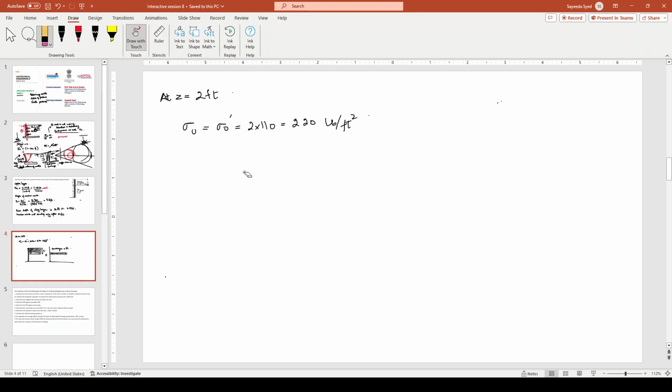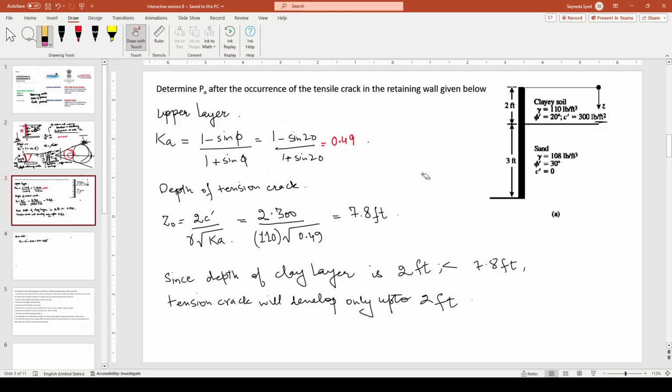As I mentioned, the depth of tension crack is 7.8 feet, but our clayey soil is only 2 feet. So we will take our depth to only 2 feet and not more than that. Because even though our whole depth is 5 feet, tension crack will not develop in sand.